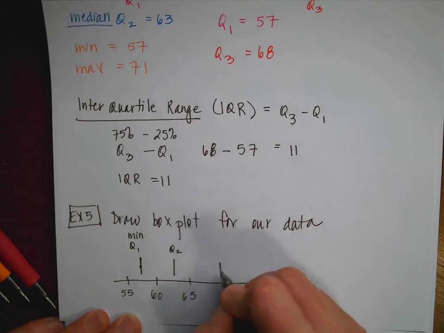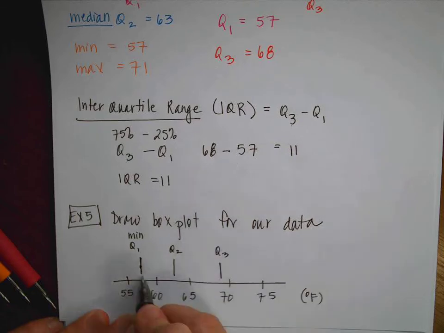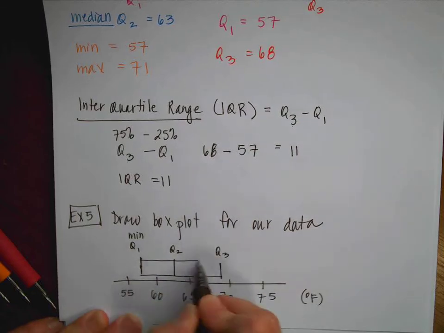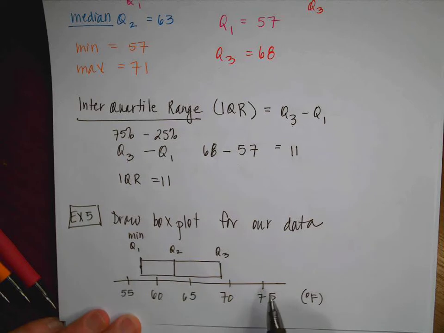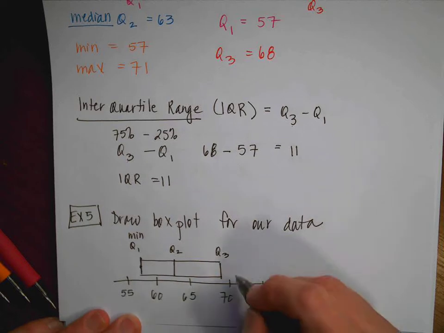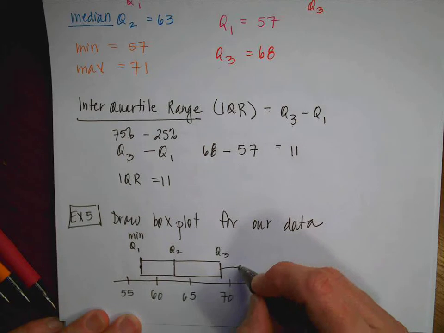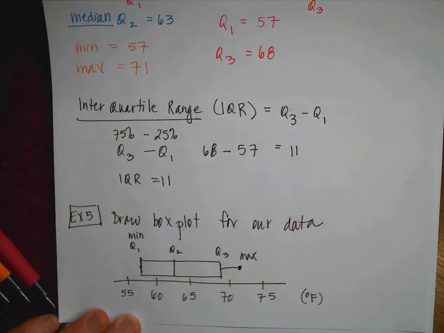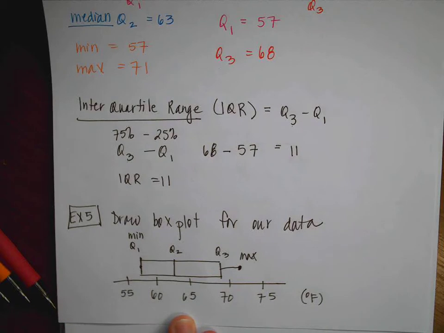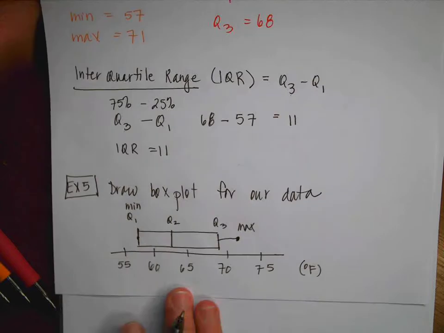My Q3 was 68, so it's about here. There's Q3. This is going to define my box. Okay. This one, my min and Q1 were the same. And then my maximum was at 71. So then I'm going to put my maximum, and that would be right there. Okay. So it's actually really a simple graph to draw, and it gives you a nice visual.